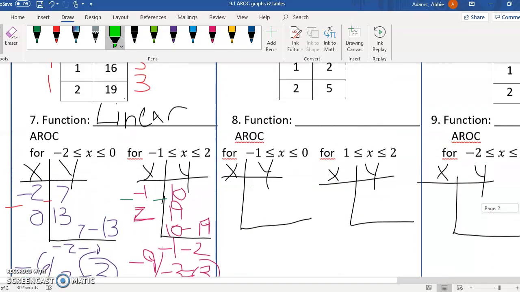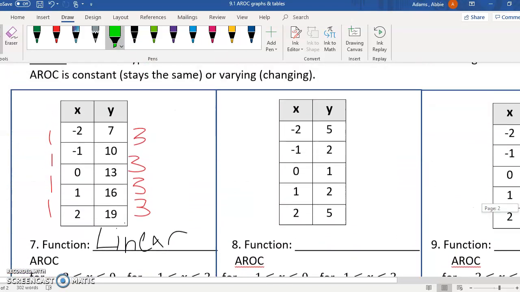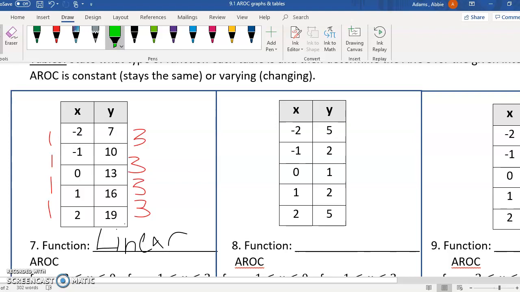All right, let's go over to problem 8. So this is our second table. Let's see if we can see a pattern here. So when I'm increasing by 1 in my x's, so -2 to -1 is 1, -1 to 0 is 1, 0 to 1 is 1, 1 to 2 is 1. Let's see if we've got a pattern on our y's.